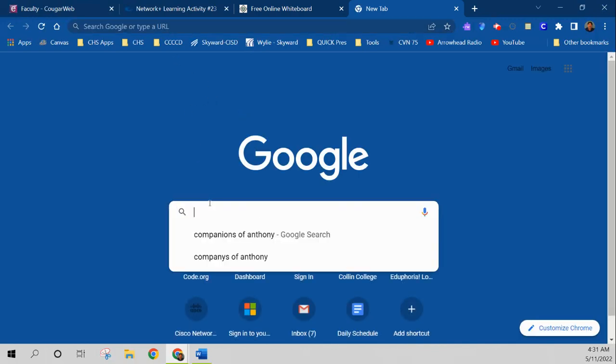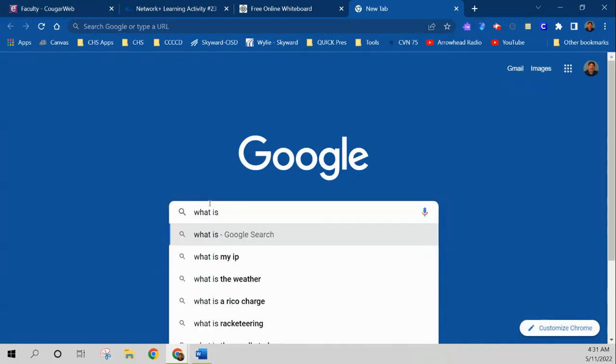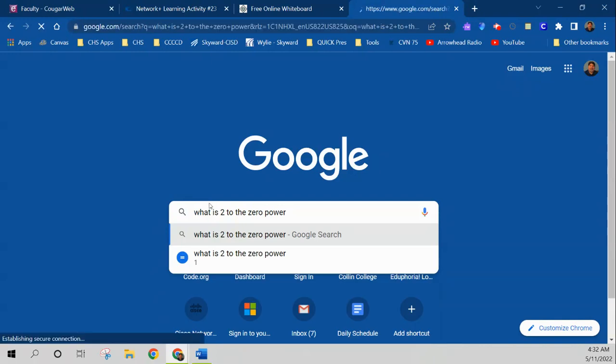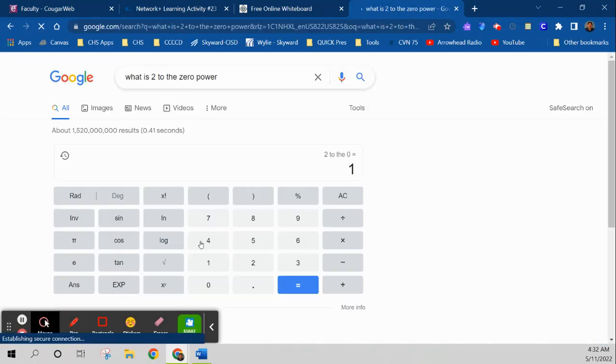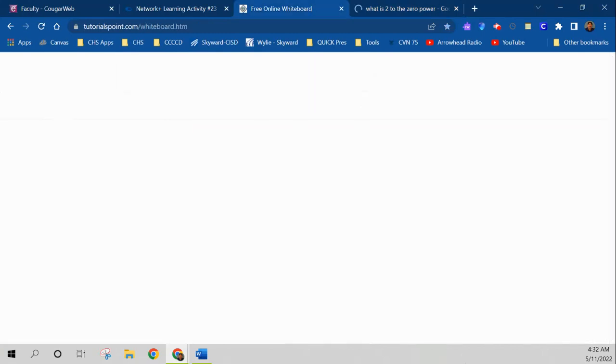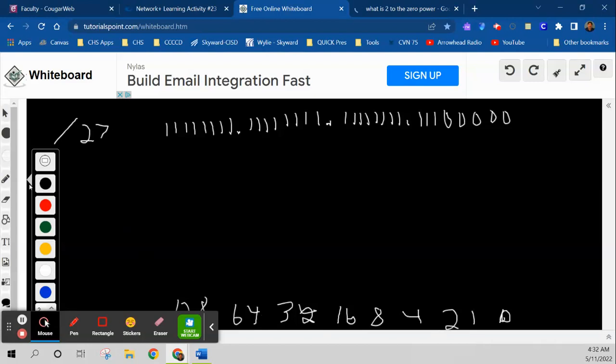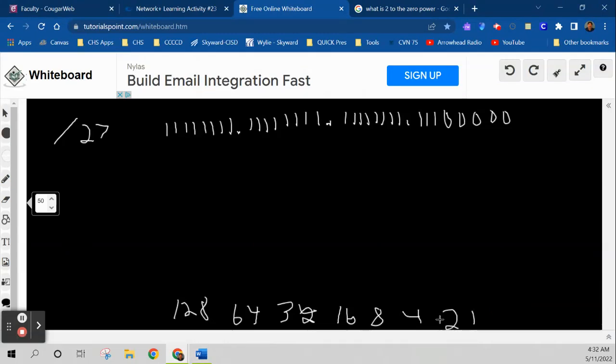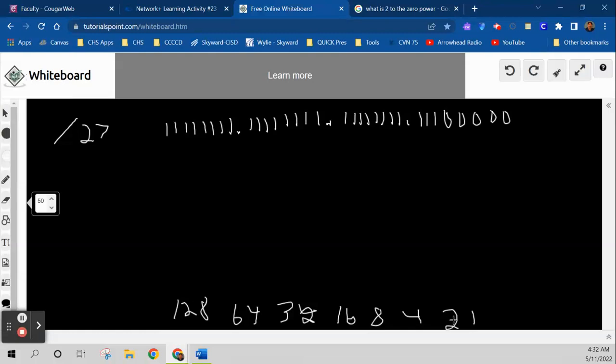I can check it real quick. 2 to the 0 power is 1. So where I made a mistake is that there's no zero at the beginning. So let me go ahead and erase that. I don't want to confuse you, but when you're setting up this chart, remember you're starting with 1, then it goes to 2, then to 4, then 8, 16, 32, 64, and 128.